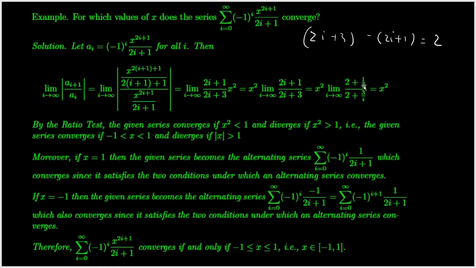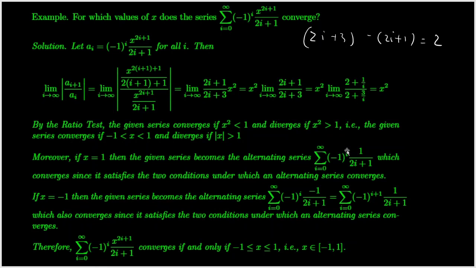The limit of that term is equal to 0. As i gets larger and larger, 1 over i gets closer and closer to 0. And so is that term. I'm trying to say the limit of that term is equal to 0. Eventually, the answer to the limit for the ratio test is x squared.